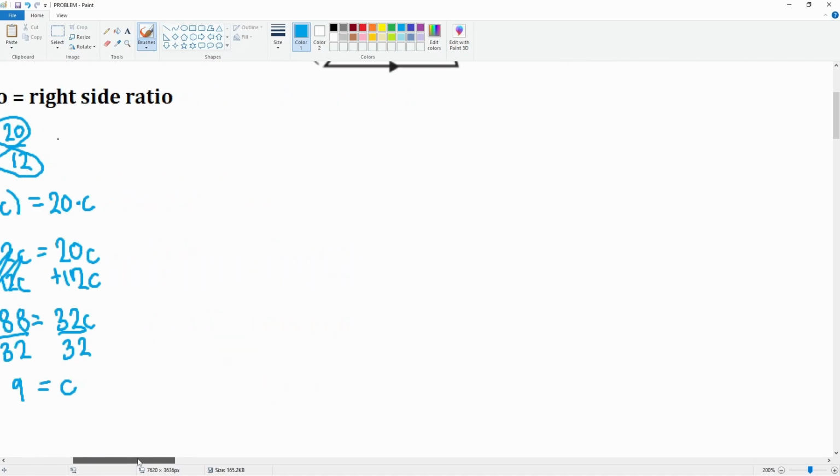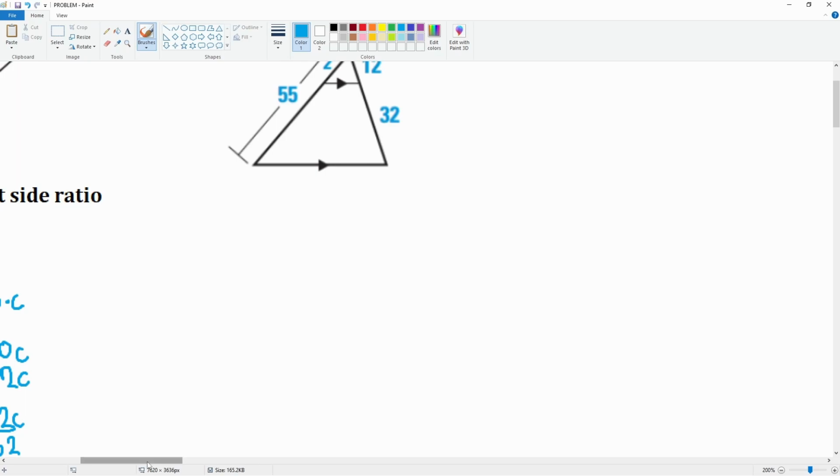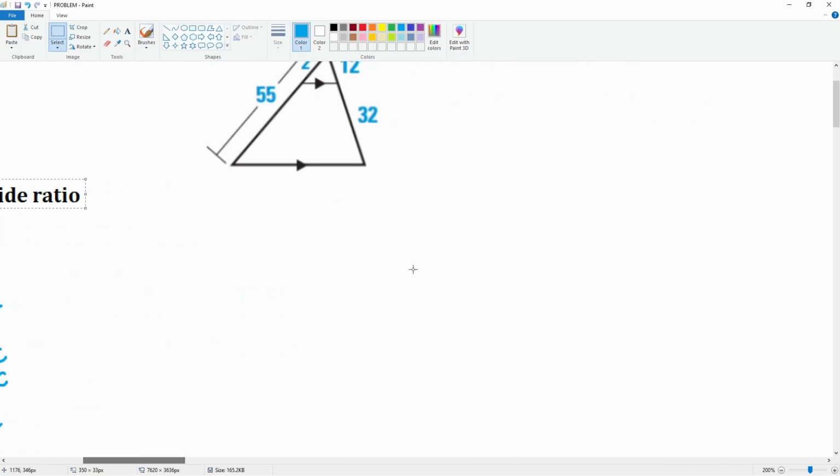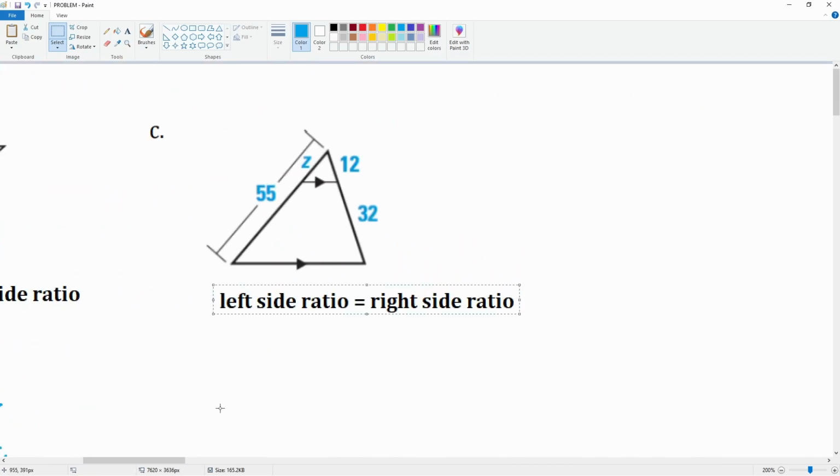Okay. Last one, again, we can see that there are parallel lines through this triangle, so we can still set up this proportion. Right? Left side ratio equals to the right side ratio. The whole left side is 55, so this piece right here, this is 55 minus Z, okay, which is just this piece here.